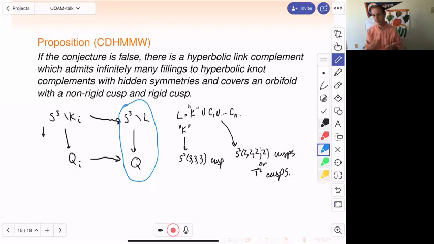So you can actually say that for certain link complements, you're never going to be able to produce knot complements that have hidden symmetries via surgery, right? So in that way, the conjecture is a useful tool for probing questions along these lines.